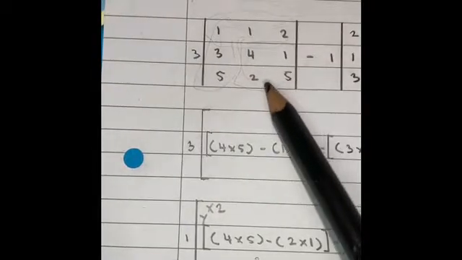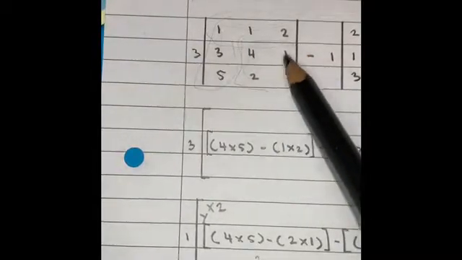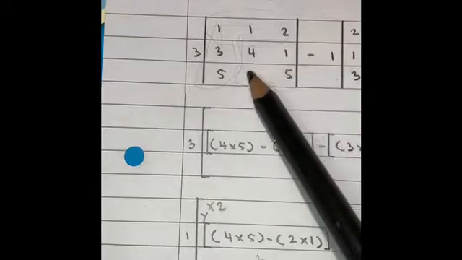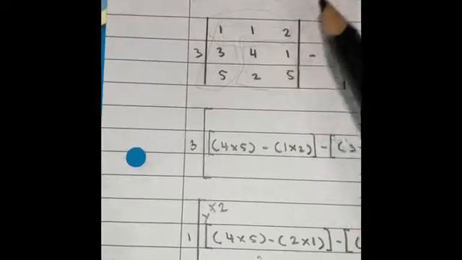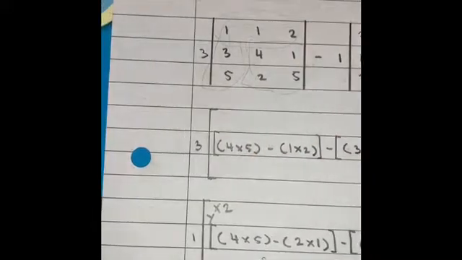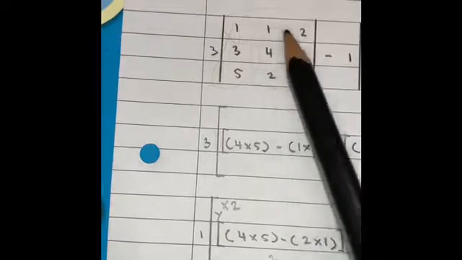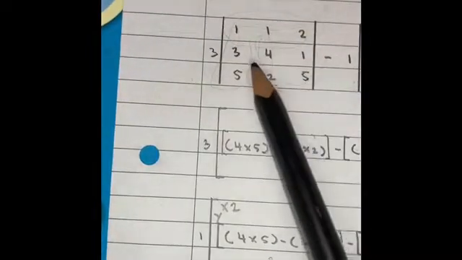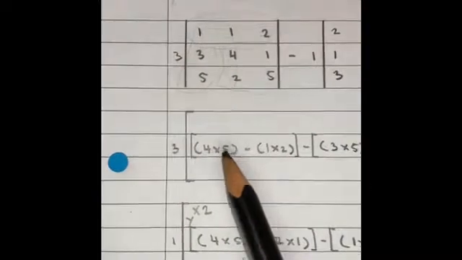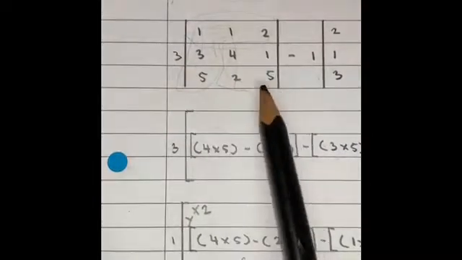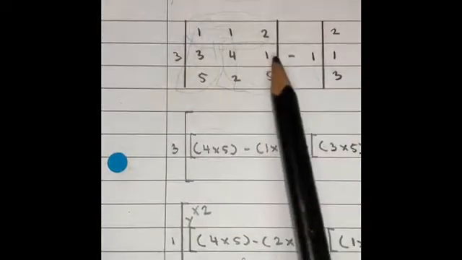So in this case, what I did is 1 and 2 I multiply and minus with 4 times 5 here, and I subtract it with the first row and second column cover. In this case, the numbers are 3 multiplied by 5 minus 1 multiplied by 5.